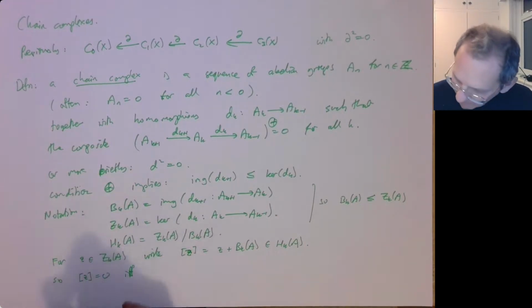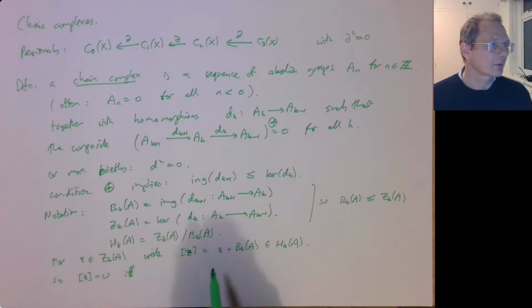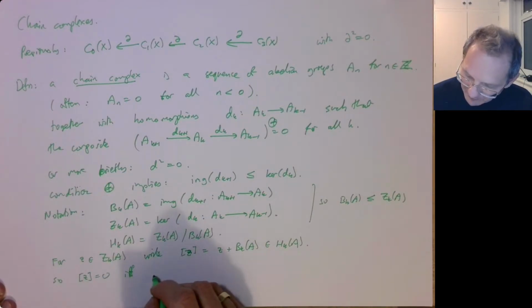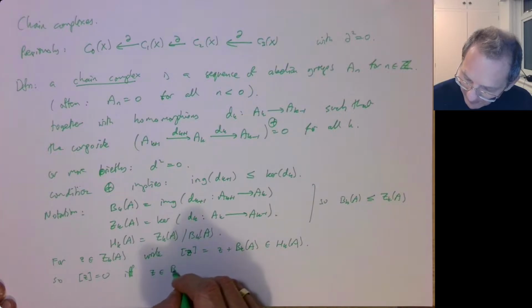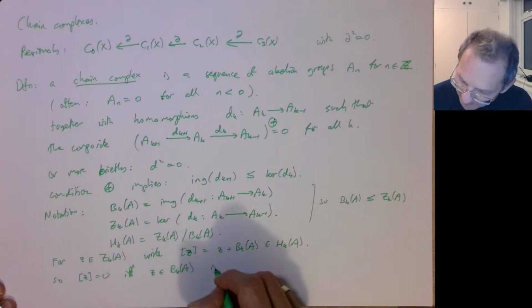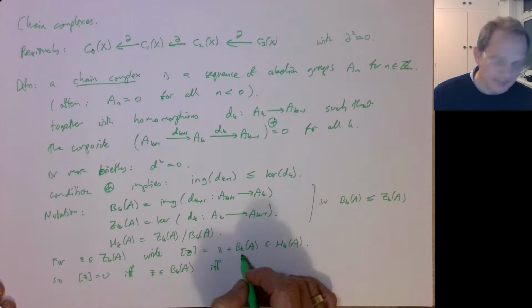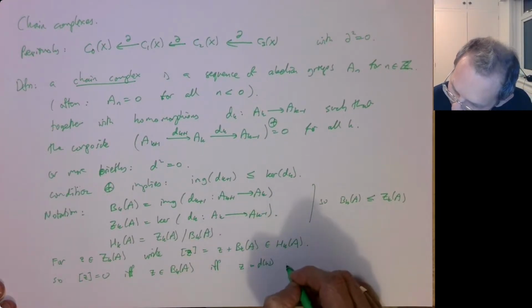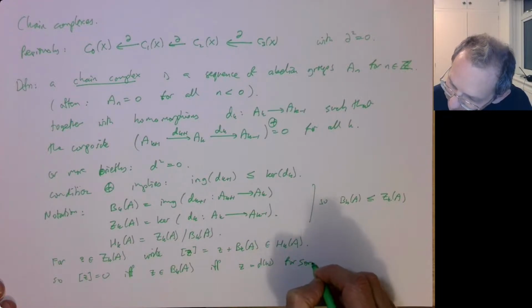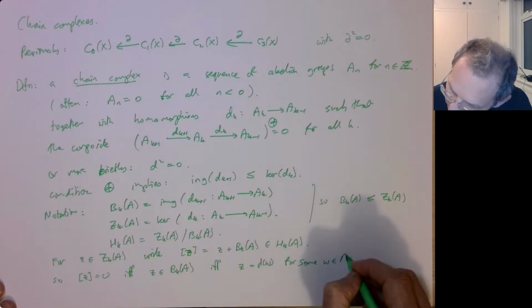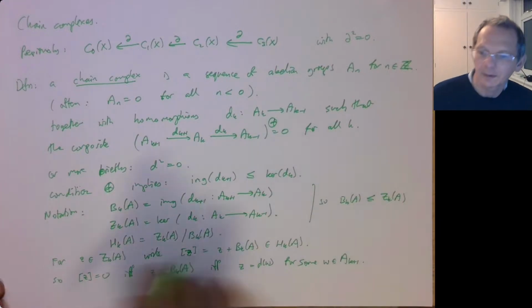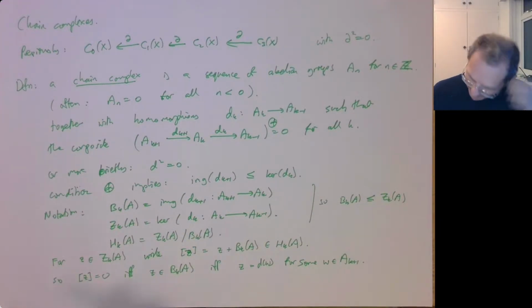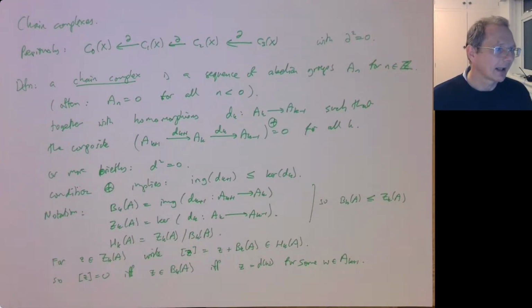Remember, the coset is equal to the 0 coset if and only if z lies in the subgroup we're thinking about, which is by definition the image, so if and only if z is d of w for some w. So these are the so-called homology groups.